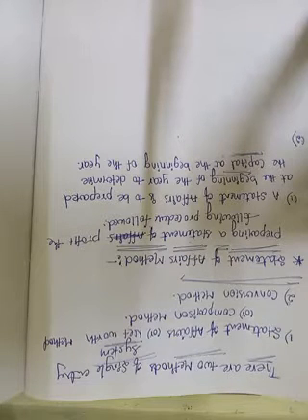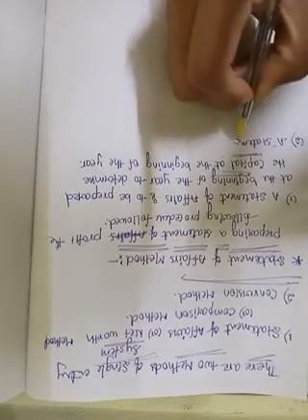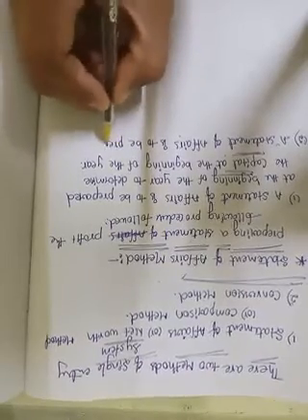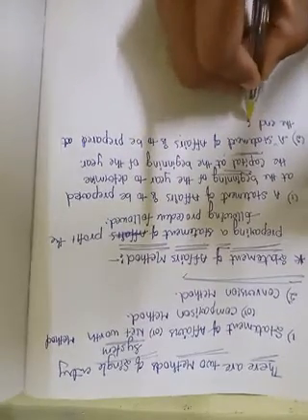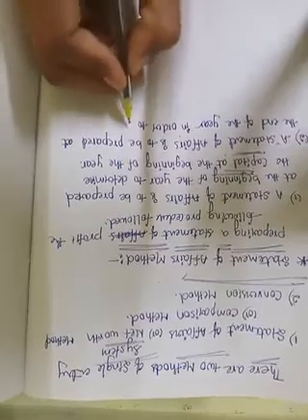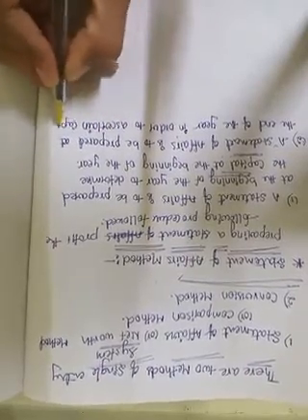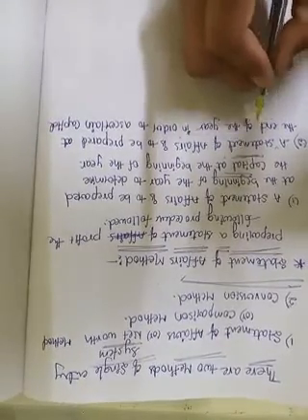The next, step 2, is that a statement of affairs is to be prepared at the end of the year, in order to ascertain the capital at the end of the year.